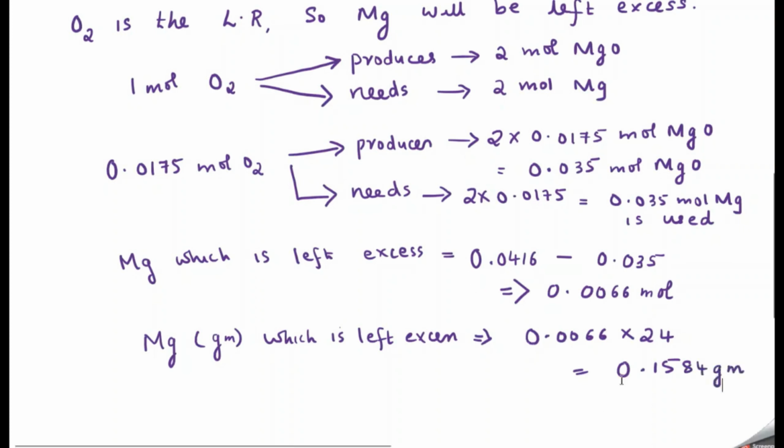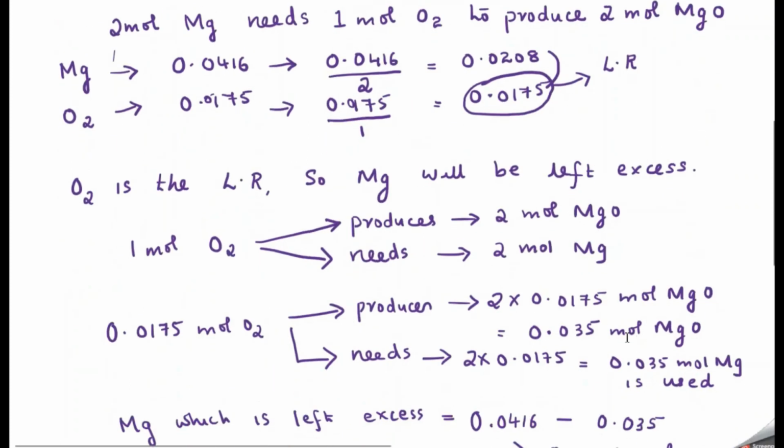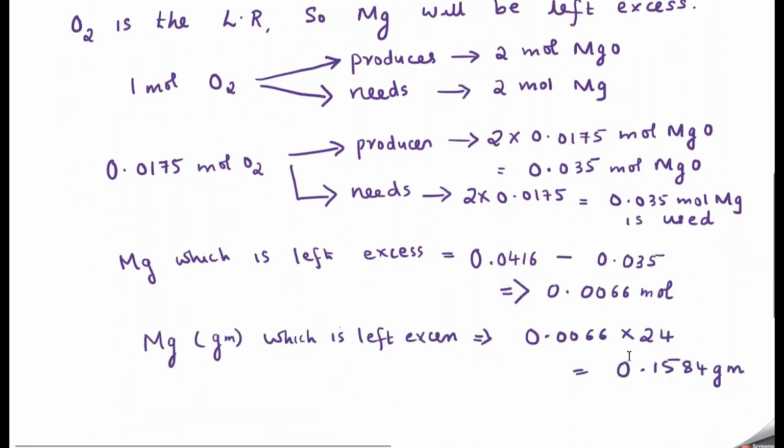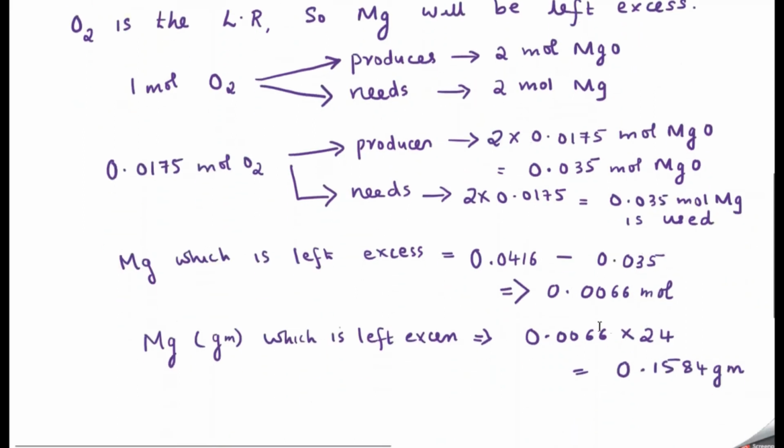My conclusion is, now tell me, we have taken 0.0416 mole magnesium, and out of that how much is used in the reaction? 0.035 mole we can see here. So how much is used in the reaction? 0.035 mole of magnesium is used, and the left behind was 0.0066 mole.